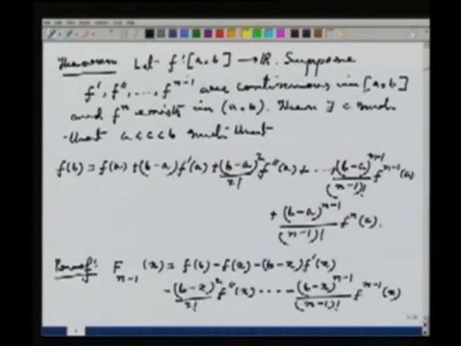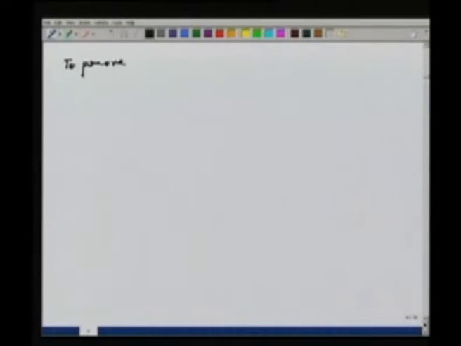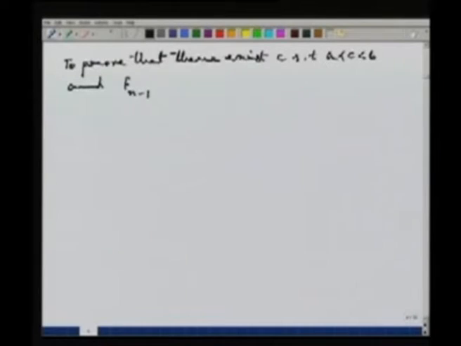What is our aim? I essentially have to prove that there exists c such that a < c < b and F_(n-1)(a) equals (b minus a) to the power n by factorial n times f^(n)(c). This is what I need to prove. Now I vary the parameter n.